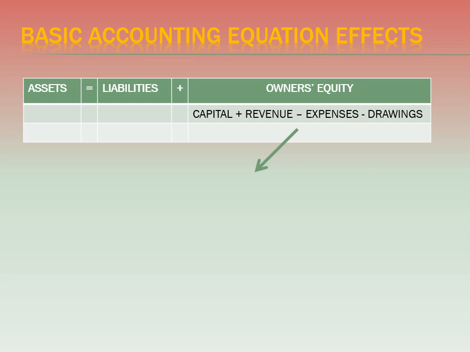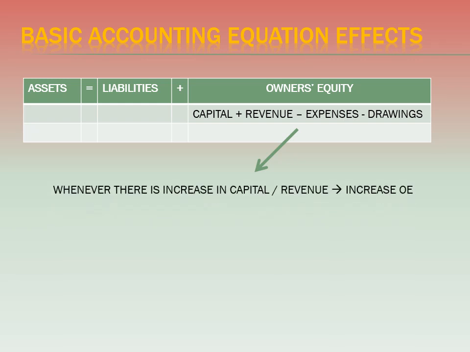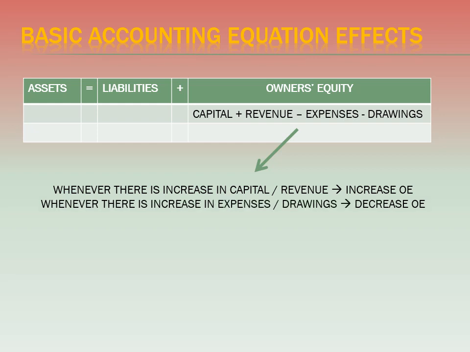So whenever there is an increase in capital or revenue, it will increase the owner's equity. If the owner contributes to the business, or you receive money because of the revenue you earned, it will increase the owner's equity. However, whenever there is an increase in expenses or drawings, it will decrease the owner's equity.